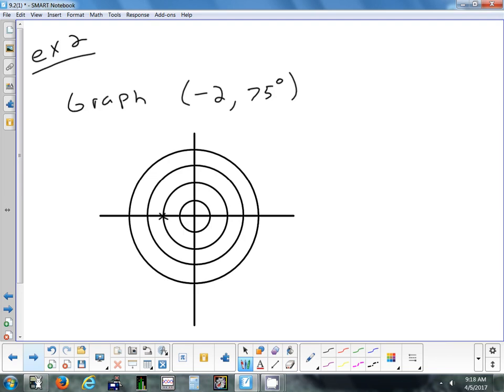Counterclockwise. How many degrees? 75. So that's a little short of 90. So we went left 2 and then 75 degrees counterclockwise. Questions on that one?